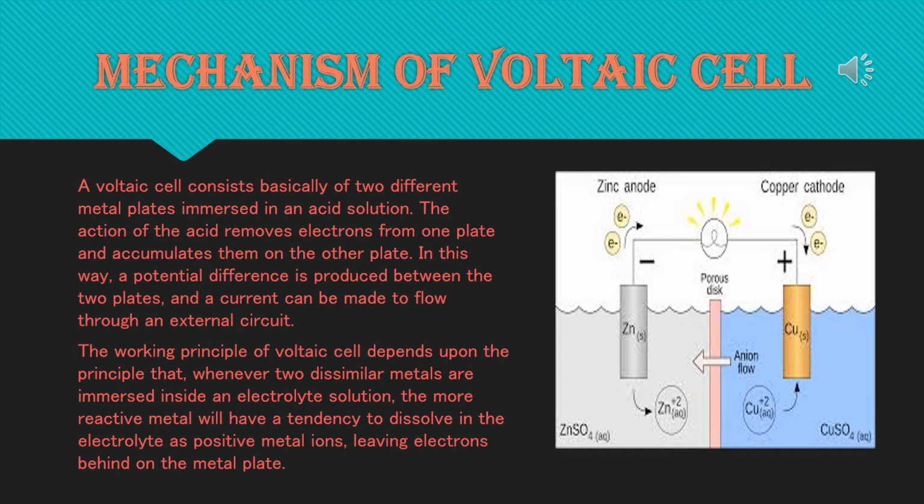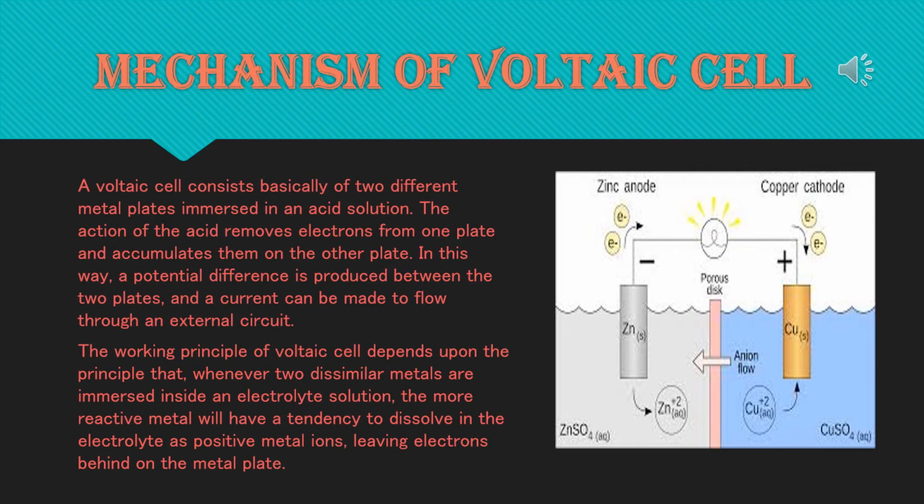The action of the acid removes electrons from one plate, that means one electrode, and accumulates them, that means gathers them, on the other plate, that means on the other electrode. In this way, a potential difference is produced between the two plates and a current can be made to flow through an external circuit.